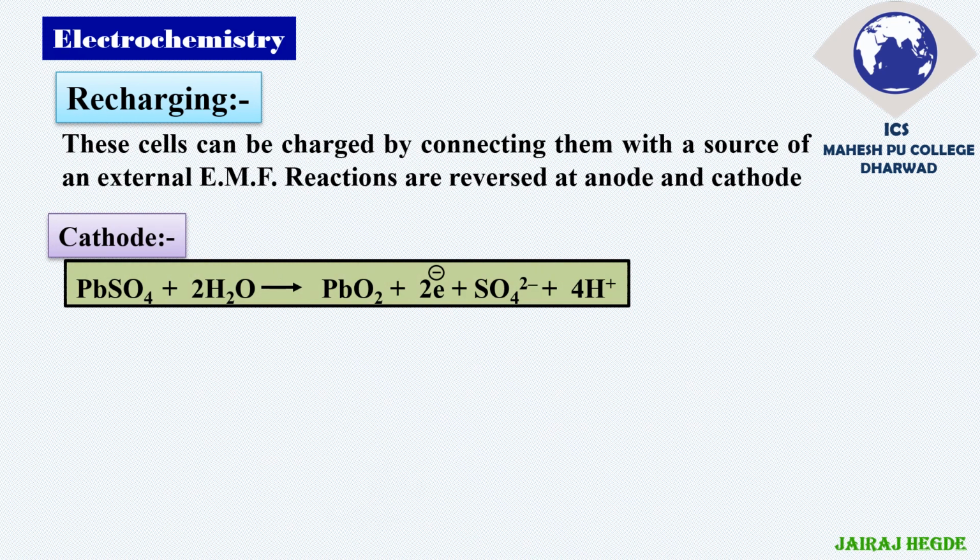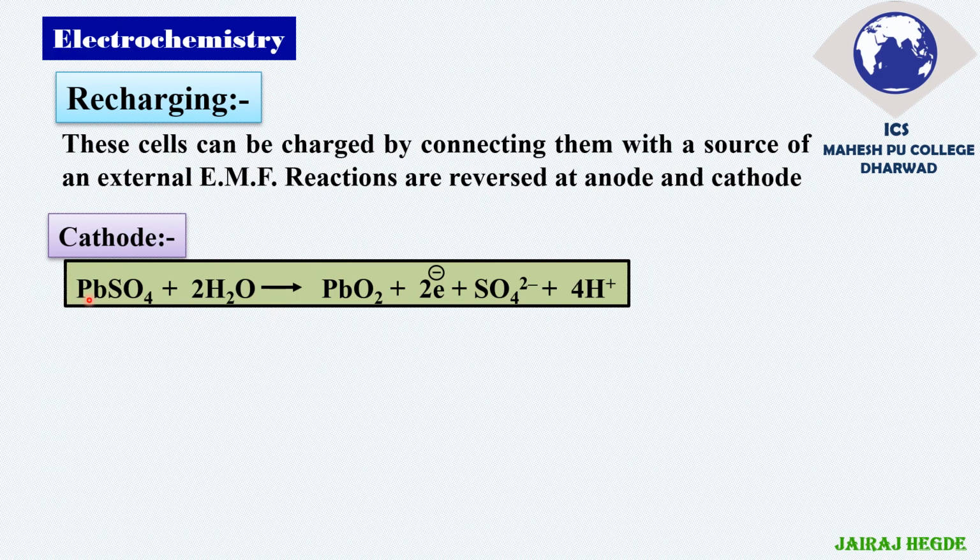If we supply DC electricity through an external electrode, the reaction exactly reverses. In the cathodic reaction, PbSO4 plus 2H2O will form PbO2 again, with 2 electrons, SO4 2- and H+. The PbO2 will be generated.